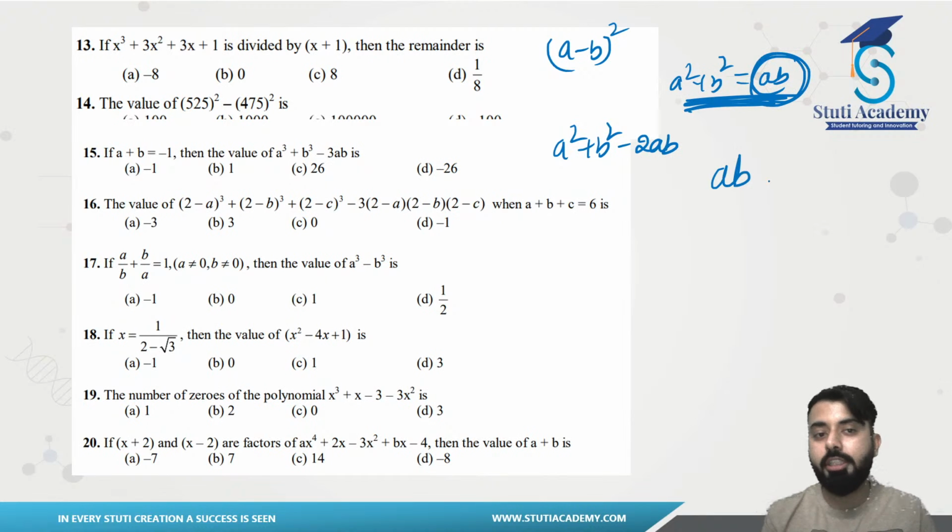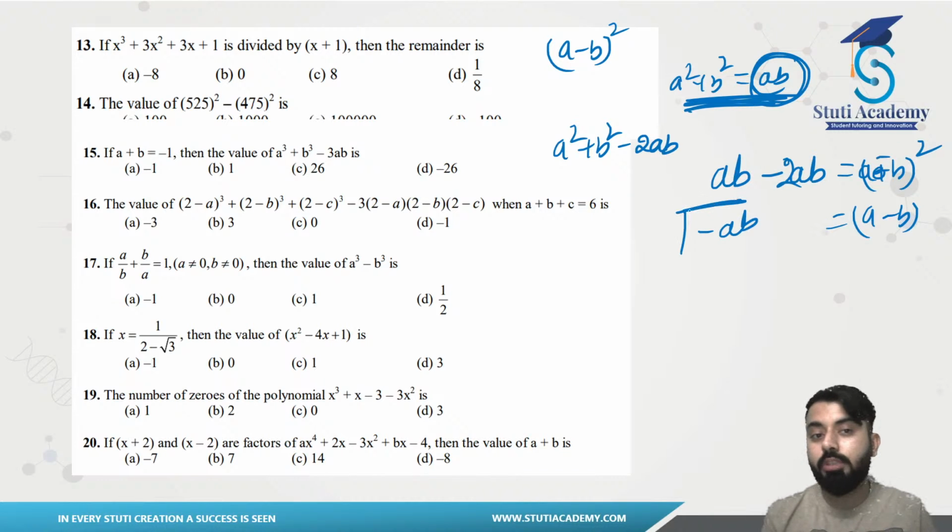So ab minus 2ab is equal to a minus b's whole square, right? So a minus b here will be the square root of minus ab, and that cannot happen because that will be an imaginary number. So there will be something different here. Let me confirm this question, and then I'll take this up in our next session, while we start our next chapter.